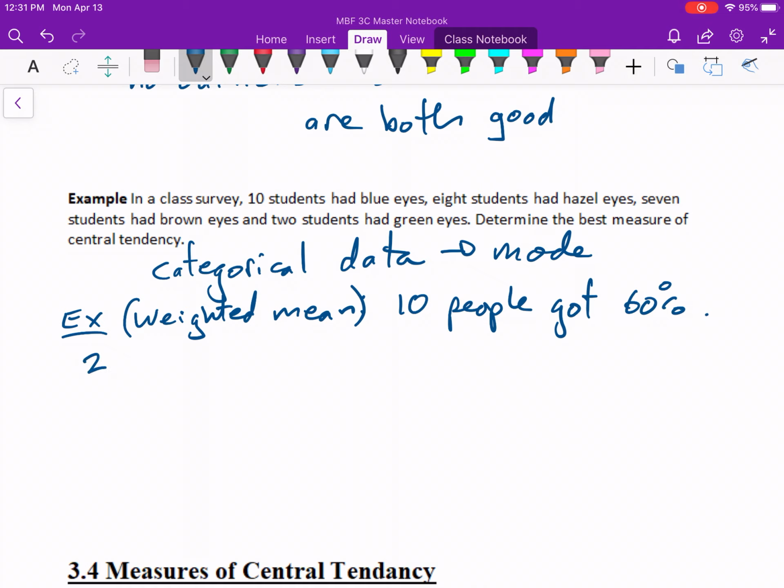Two people got 70%. One got 100%. Find the mean, median, and mode.